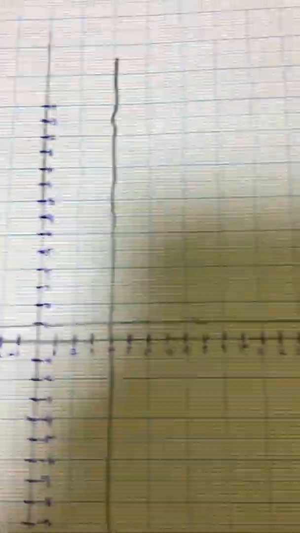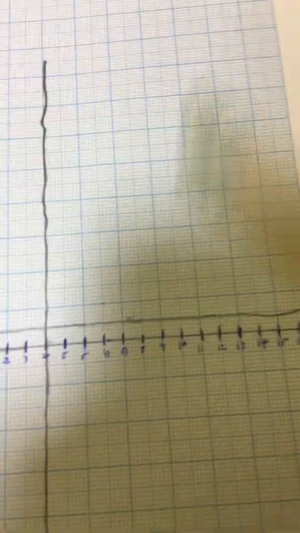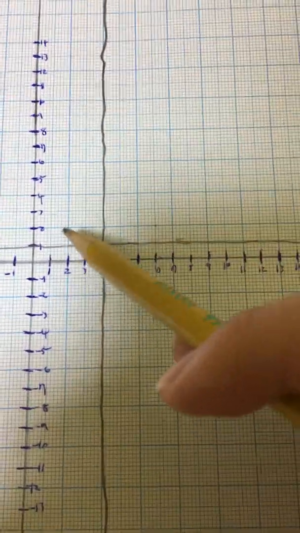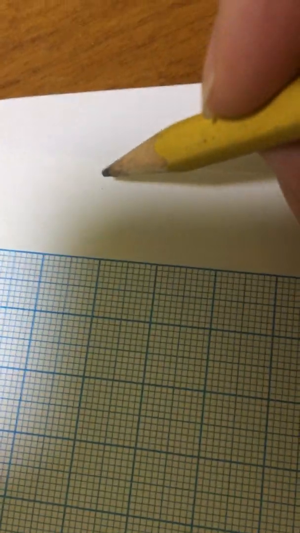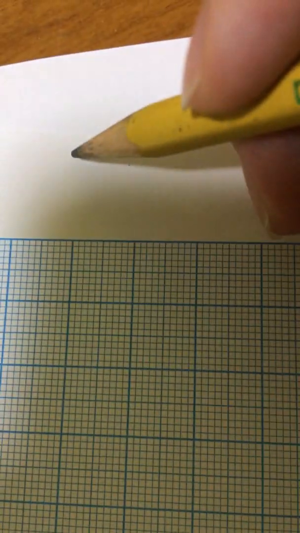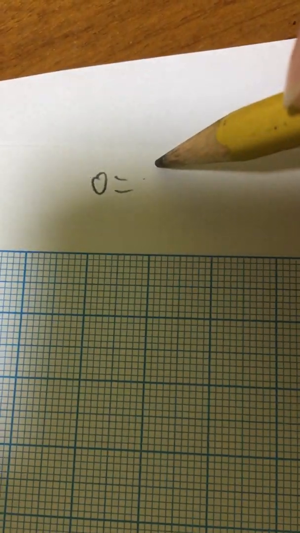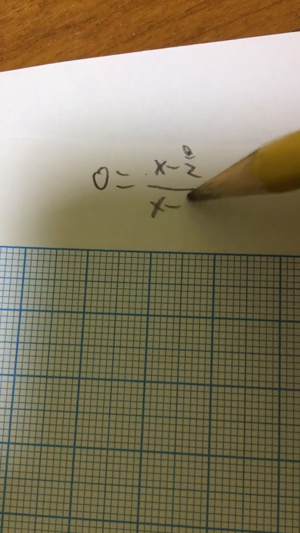First thing you do is solve for the x-intercept and y-intercept. I have solved this equation already, so I know there is no y-intercept, so we're just going to solve the x-intercept for now, because I do not want to spend a lot of time on this. So it's 0 equals x minus 2 over x minus 4.